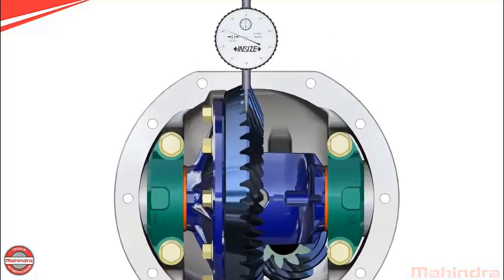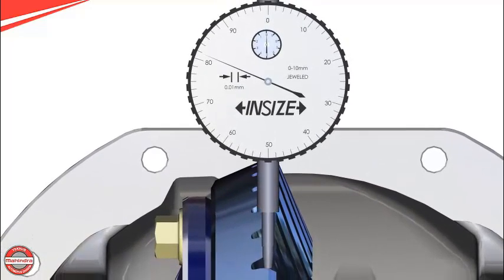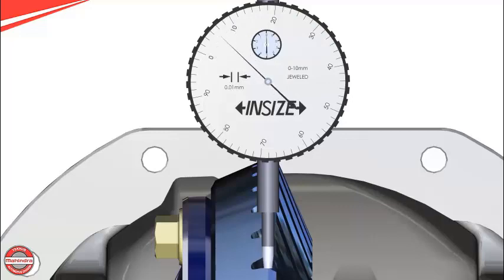Adjust dial gauge on ring gear parallel to housing top and perpendicular to the face of convex side tooth profile with the help of magnetic dial gauge stand. Check ring gear and pinion backlash with dial indicator.